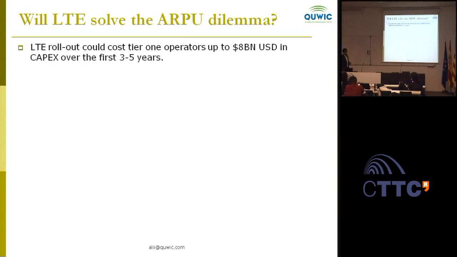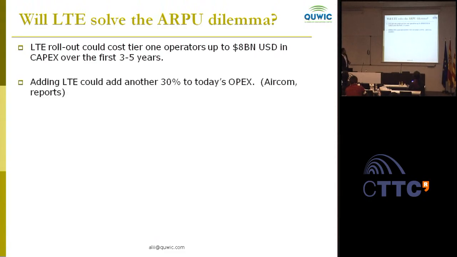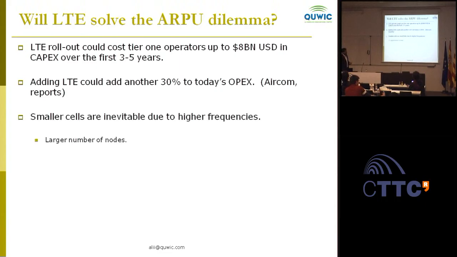So will LTE help us? If you look into details, not exactly. It's a harsh statement, but based on the forecast, this is what people are estimating. It means $8 billion US capex over the first 3 to 5 years, 30% to today's OPEX.